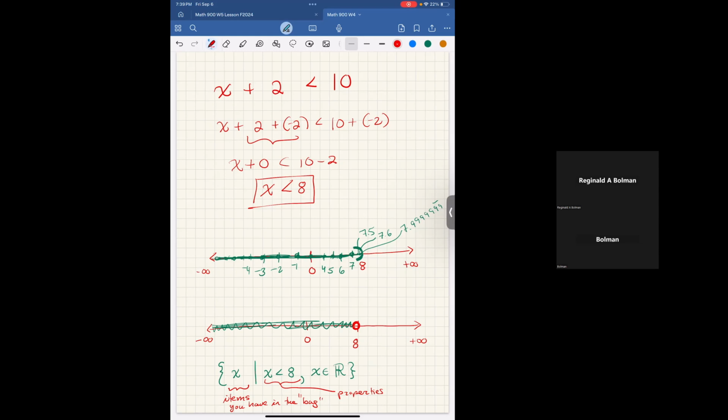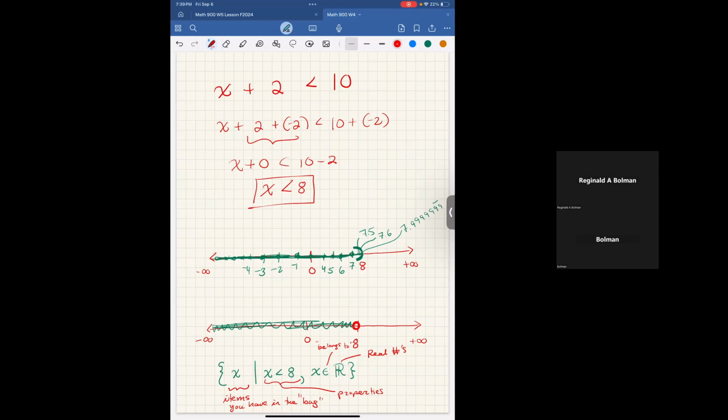Now, the textbook leaves out this little bit, but this is critical. The R stands for the real numbers, and the ∈ stands for belongs to. So this is critically important because you have to denote in mathematics what type of number you're actually dealing with.